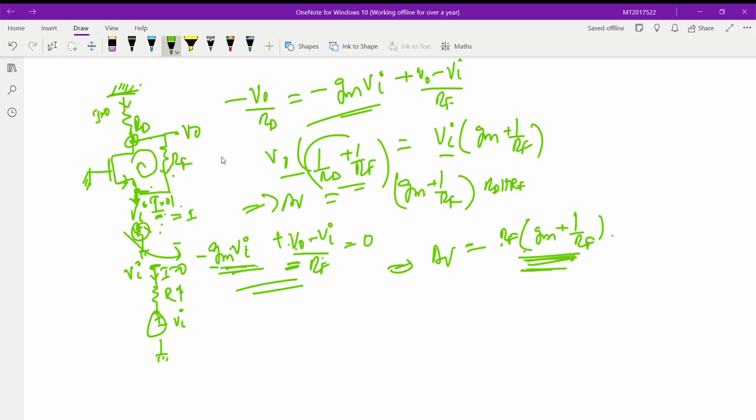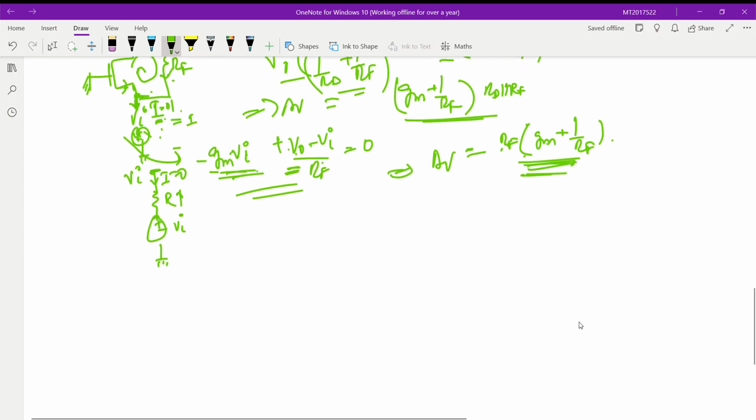To truly get the correct answer, you need to run the current equation at this node where you have all the currents correctly defined, coming downwards and then going from Vout down to Vi, right? But we can also find the same solution by applying the current equation here. Let us try to do that.